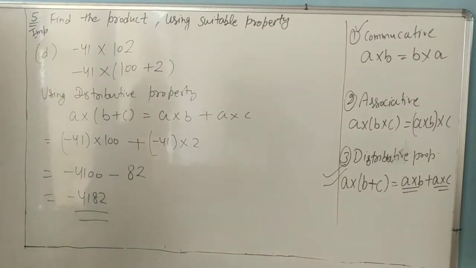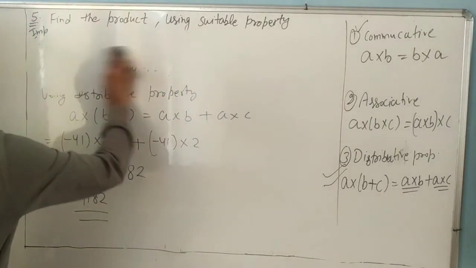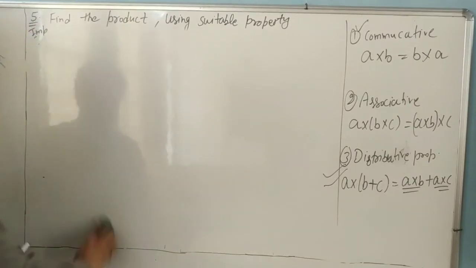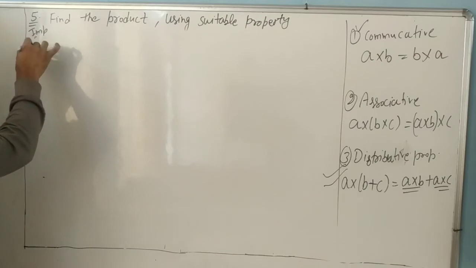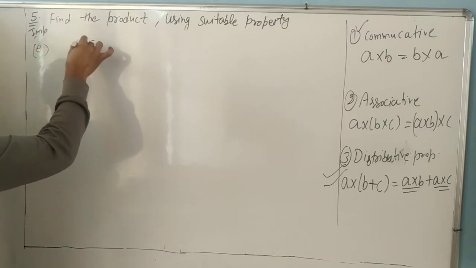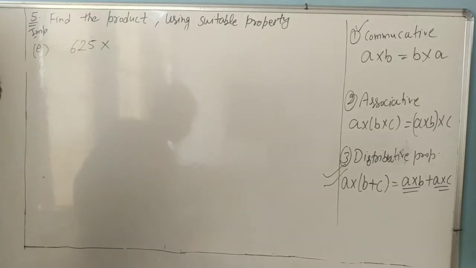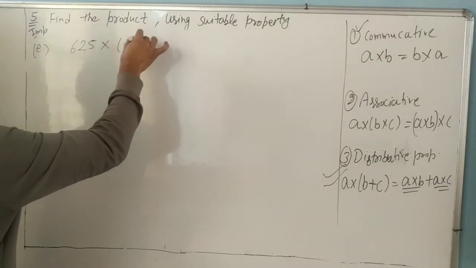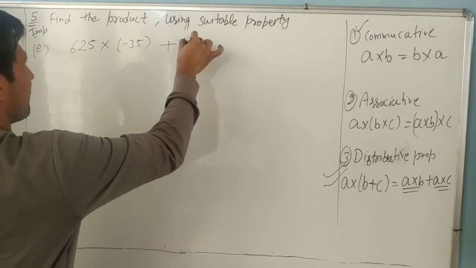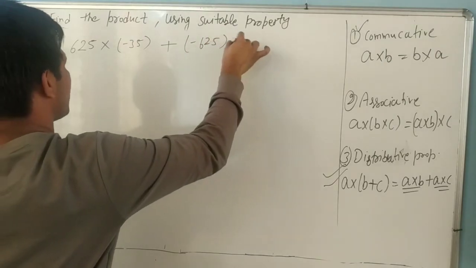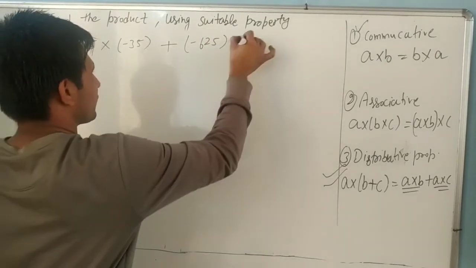Okay dear. Next, again, which one? E part. 625 multiply minus 35 plus minus 625 into 65.